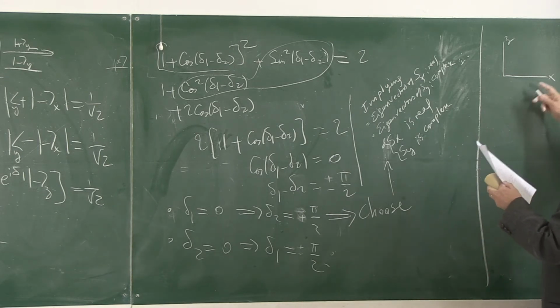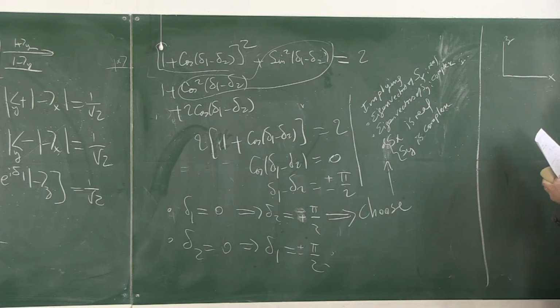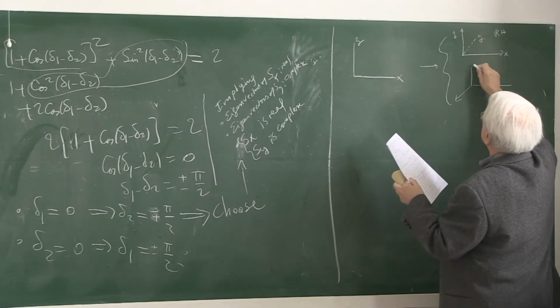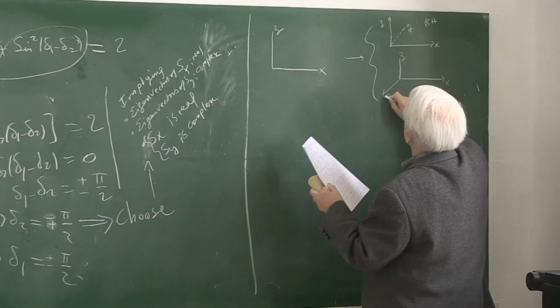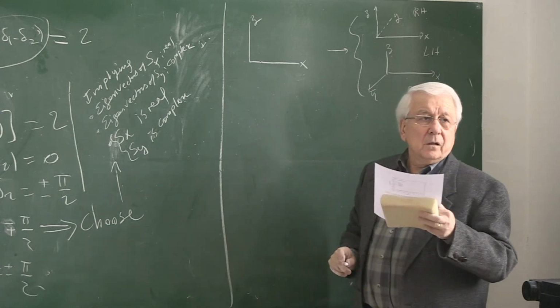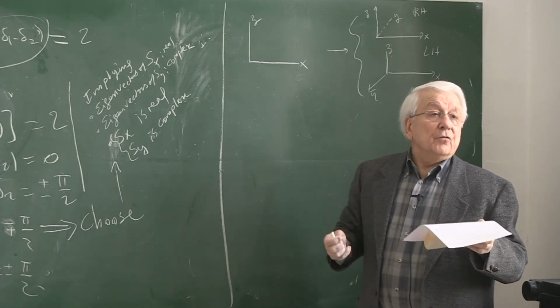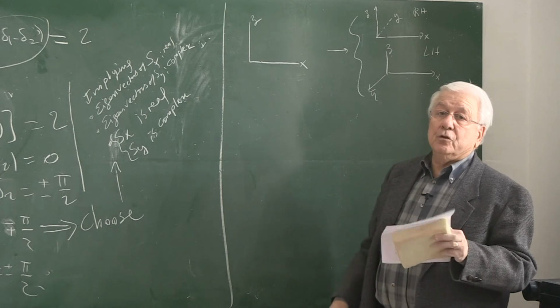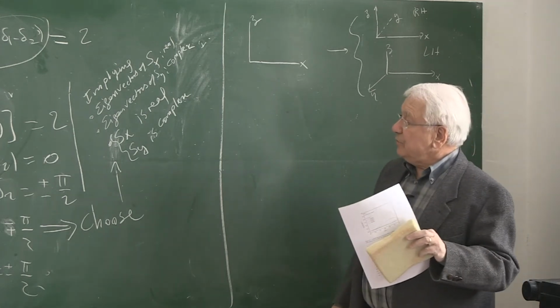If this one is given, you are free to choose the following third axis. X, Y, and Z. Well, obviously, this is a right-handed frame. Or you can choose, there is nothing which forbids you from doing that, X and Y, that's a left-handed frame. Spin is the generator of rotations in such a frame or in such a frame, then we'll eliminate the final ambiguity of choosing minus pi over 2 or plus pi over 2.